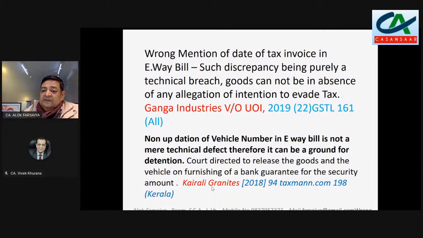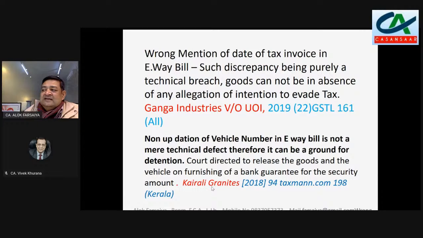Why are we finding most of the judgments from the Allahabad High Court? Because this e-way bill and road checking system is highly active in UP, in Karnataka, and in Kerala. In other states, this system is not so active. Therefore, we are finding most of the cases from UP, friends.